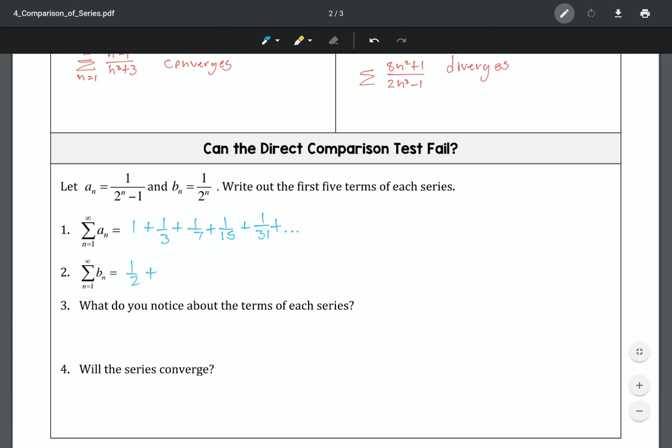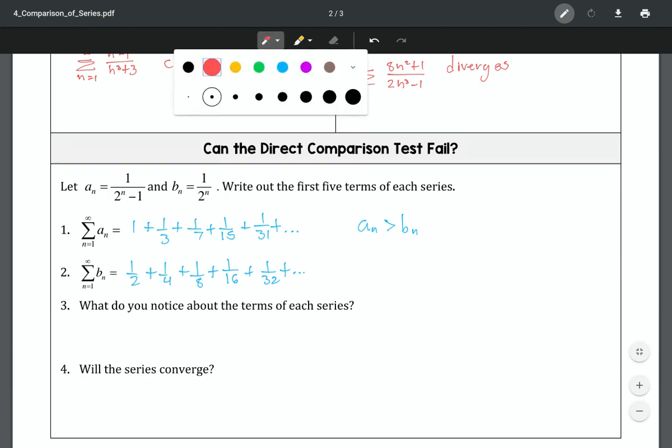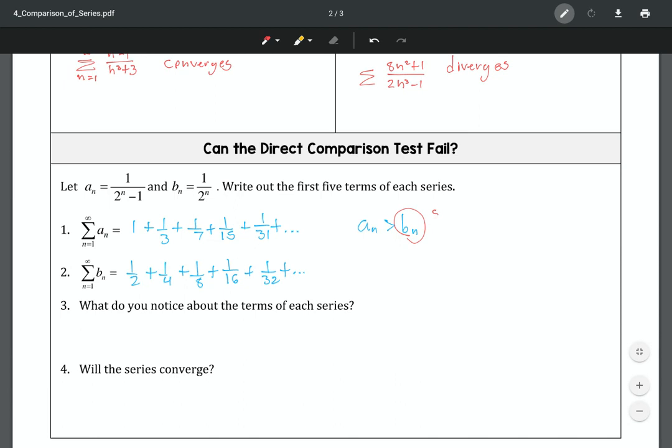And this one right here, you have a 1/2 plus a 1/4 plus a 1/8, 1 over 16 plus 1 over 32. So that means that this right here, a of n, is bigger than b of n. So again, in this case this is smaller.